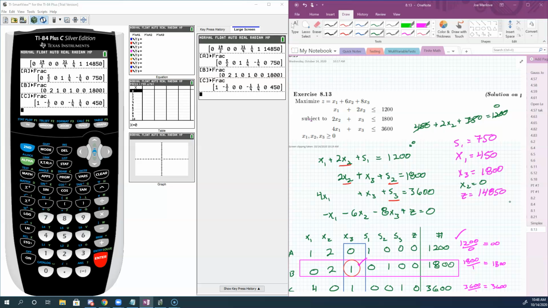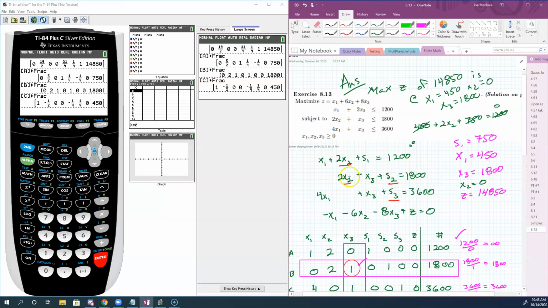So right now what I would be perfectly happy with is if you said, all right, so the answer is the max z of 14,850 is at x1 is 450, x2 is 0, and x3 is 1800. Like, that's a perfectly acceptable answer. If they asked you how much stuff you have left over, you can use your other equations to sort that out.